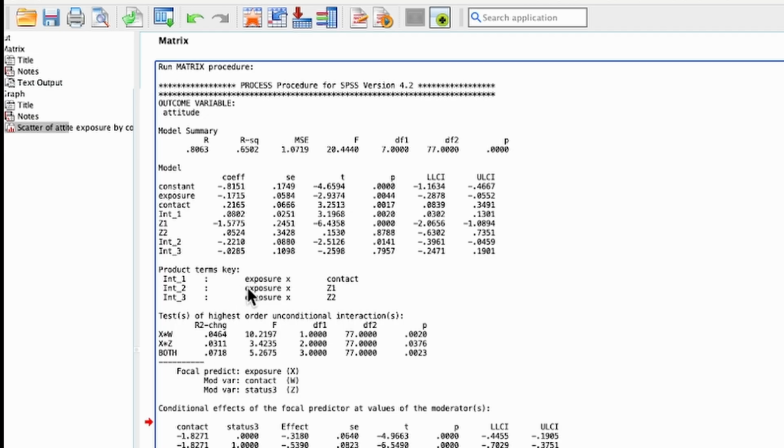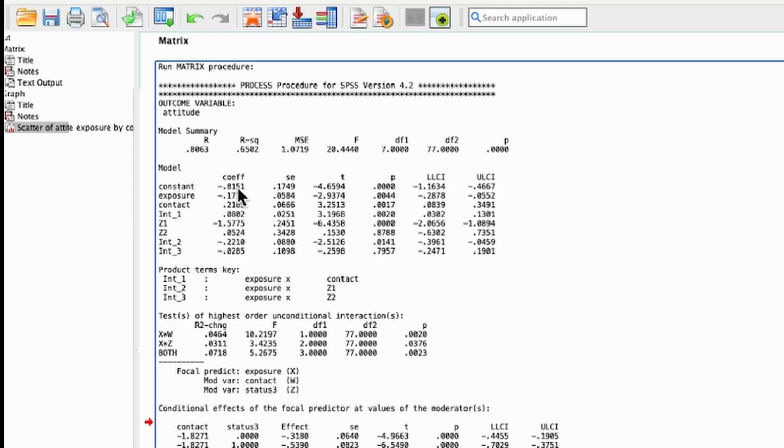Interaction 2 is the interaction of exposure by Z1, and Z1 was the former smoker, so either you are a former smoker or you are not a former smoker, so this can either be 0 or 1, so this exposure part counts or does not count. And finally we have interaction 3, which is the exposure with Z2, which stands again for the smokers. So now we know what the interaction terms are.